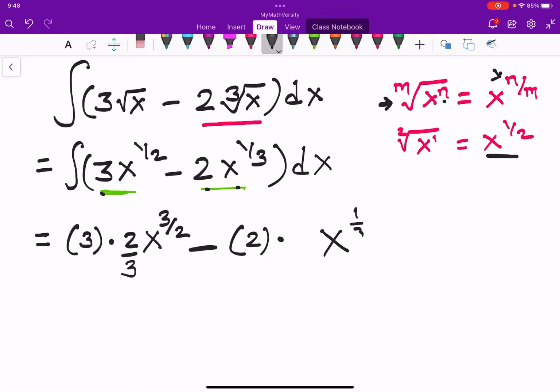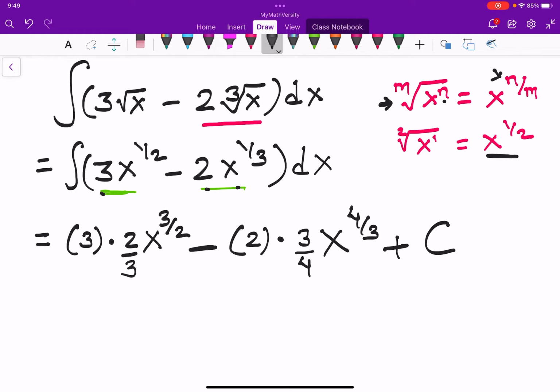It's 4/3. We also need to multiply by the reciprocal of that, which is 3/4. So we have 3/4 times x to the power 4/3 as the antiderivative of x to the power 1/3, multiplied by 2. And then plus, don't forget to add the general integration constant, and that should be it.